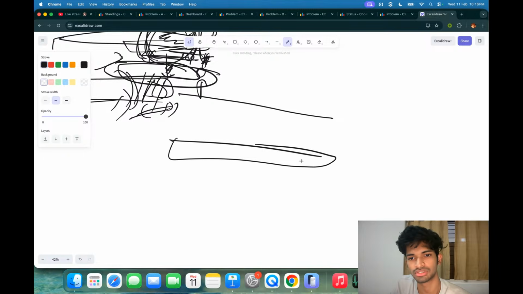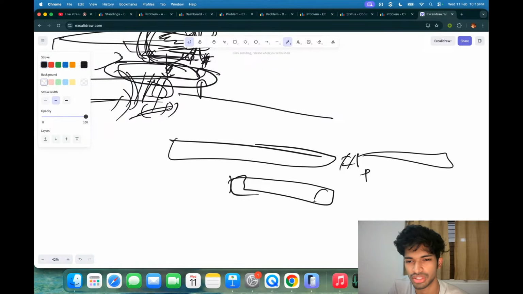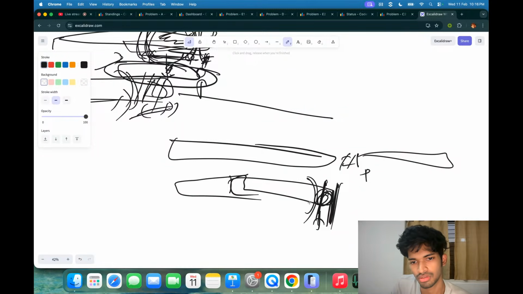You have some s and then you have some p here. Okay, longest string that has occurred somewhere. For this character, you have this length here.